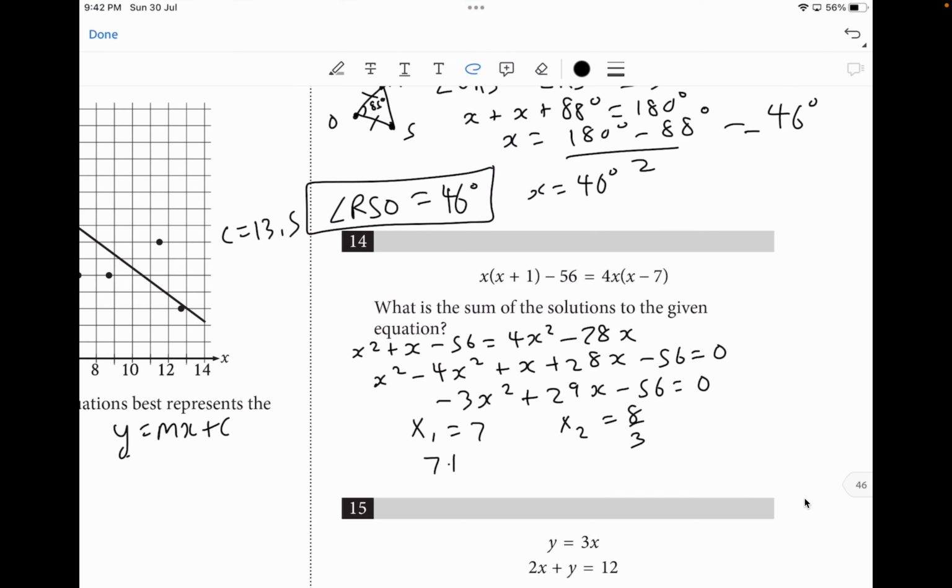And if you add both these solutions together, if you do 7 plus 8 by 3, this should be giving you roughly 29 by 3. 29 by 3 is going to be your answer in this case. So the correct answer for question number 14 is going to be 29 by 3.